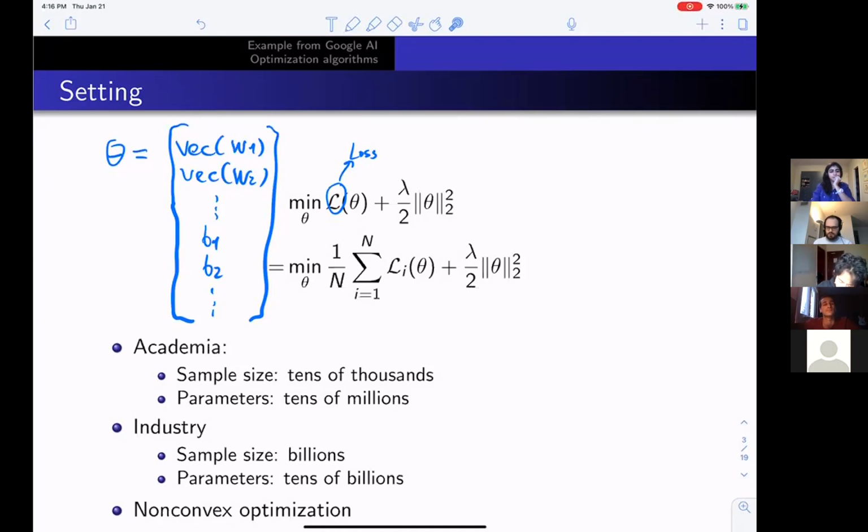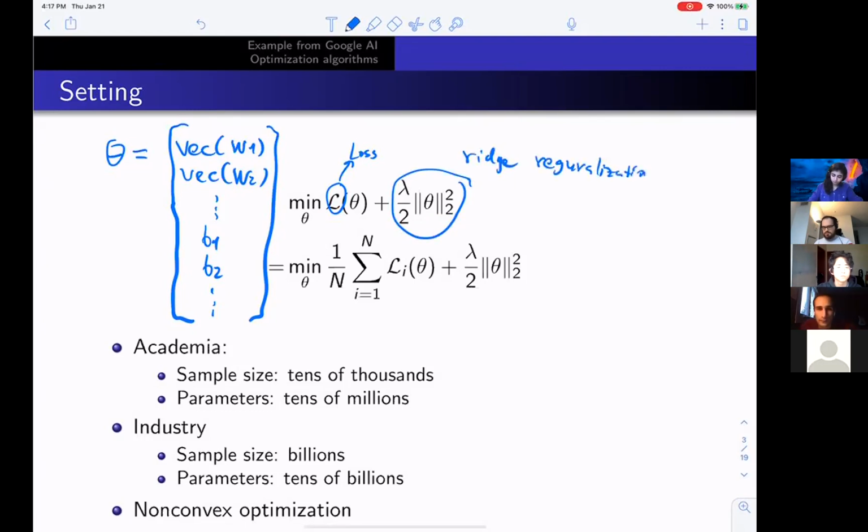Now, usually it is common to add this L2 squared term to the optimization because empirically it was shown to be better to add such a term. In statistics, this extra term is called ridge regularization, right?